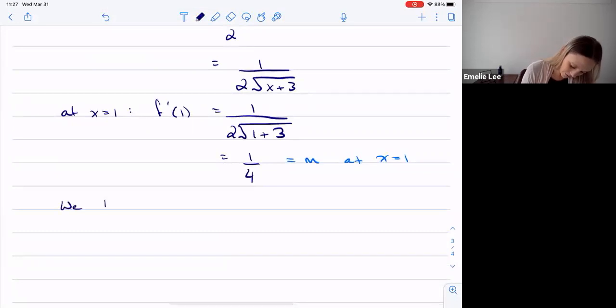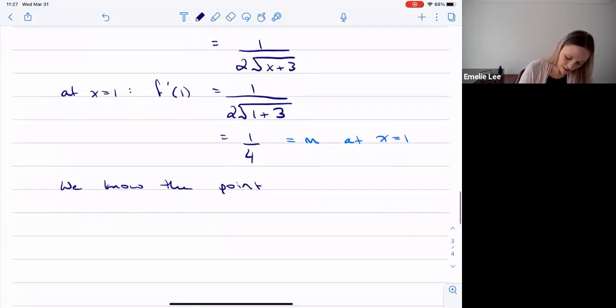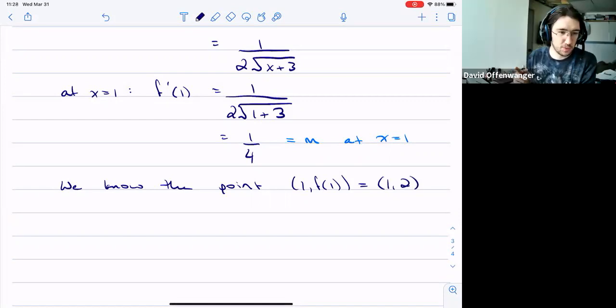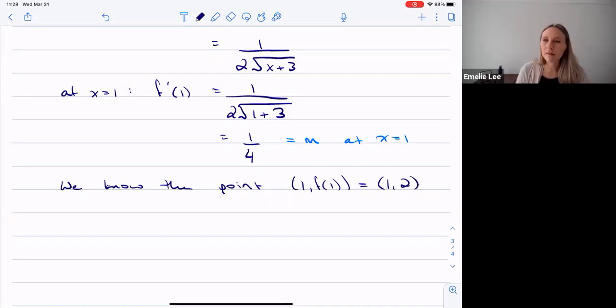So now we know the point. The point 1, f of 1 is 2, is (1, 2). Is this step 2?